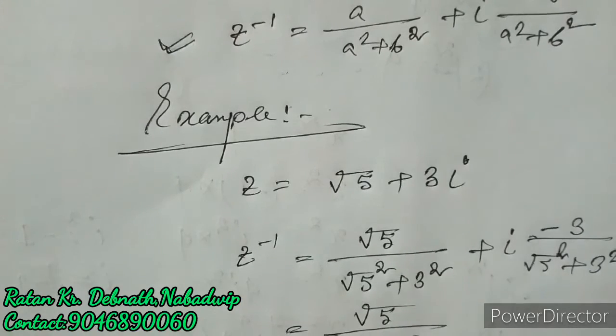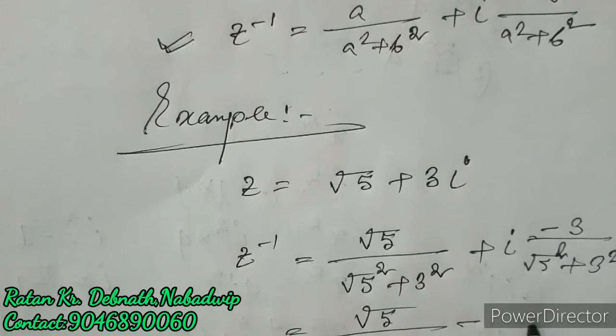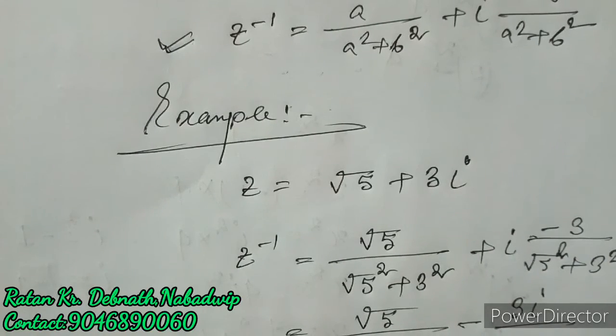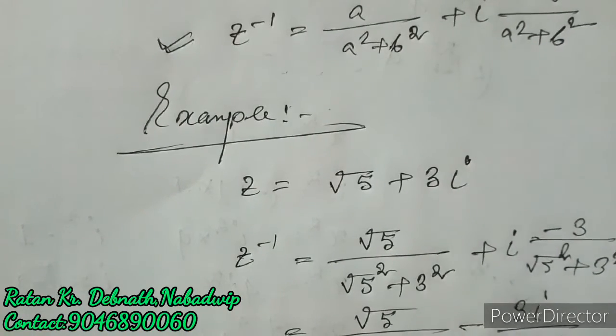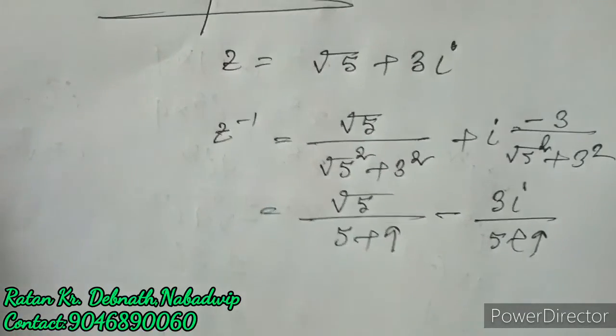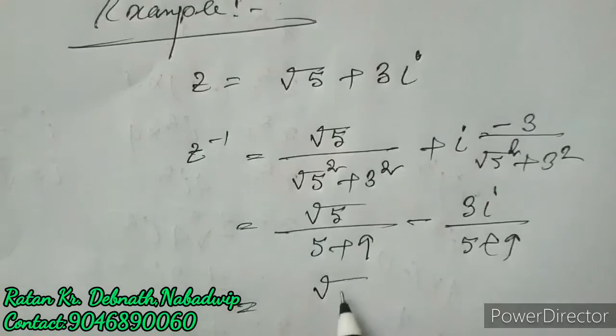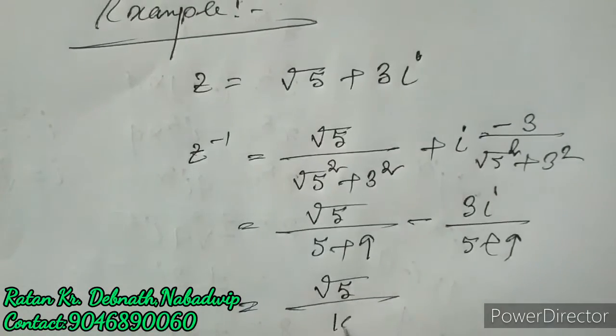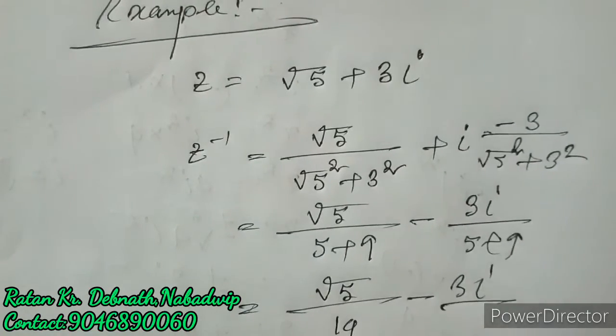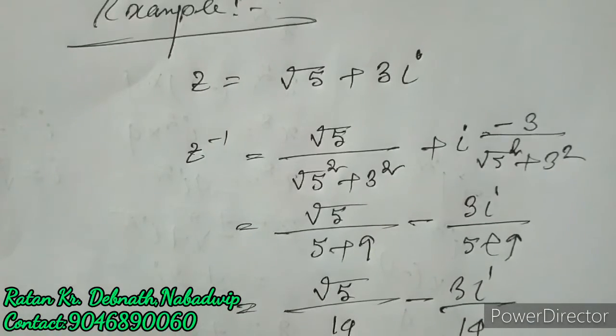That is root 5 by 5 plus 9, minus 3i by 5 plus 9. Now root 5 by 14 minus 3i by 14.